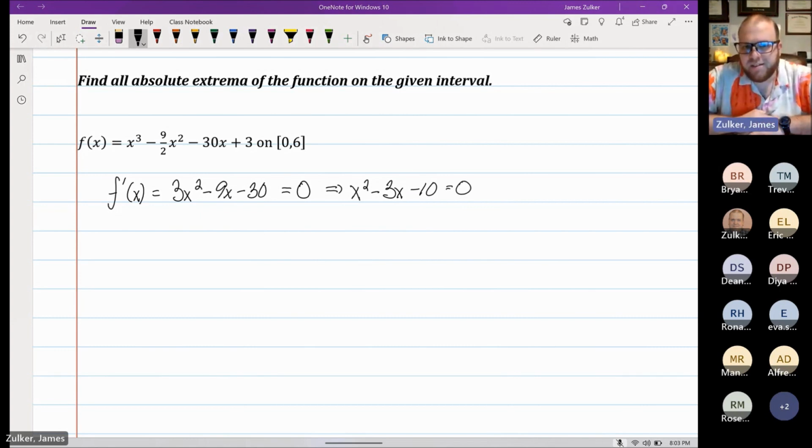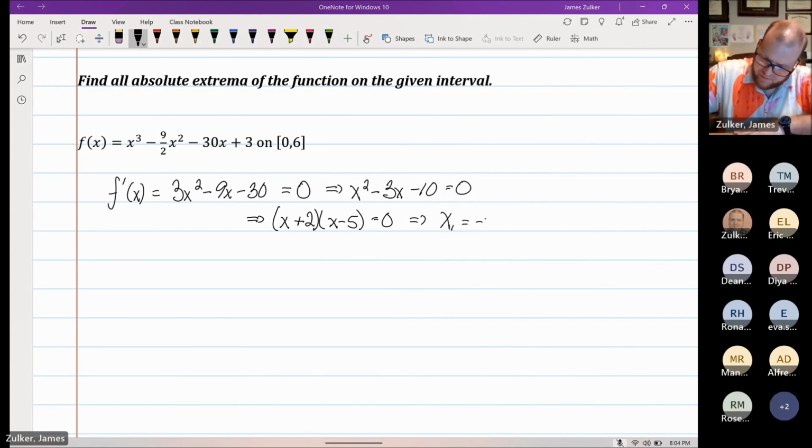We can divide by 3. Can that be factored? 5 and 2 will work. So we get critical points -2 and 5. We throw out -2 because it's not in our interval.